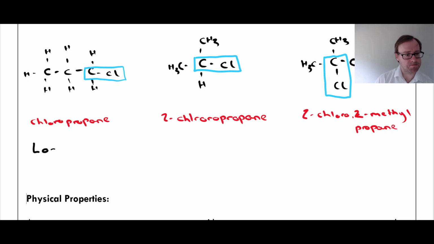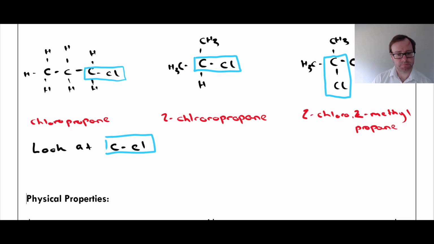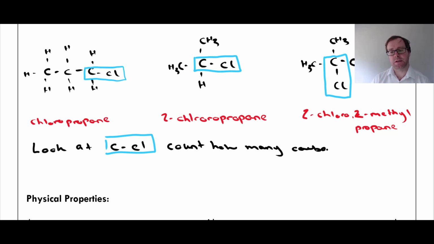We look at the C-Cl bond and count how many carbons are attached to the C in this bond.